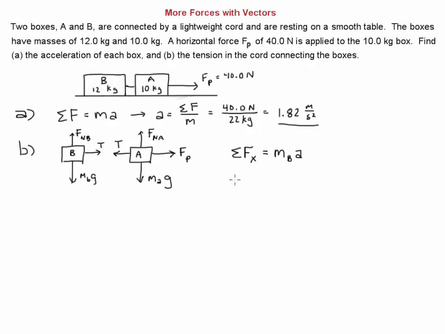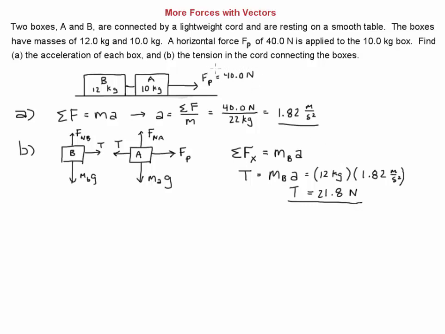I only have one force, it's pointing to the right, so I'm going to write tension equals m_B a. And since I know the mass of box B, which is 12 kilograms, and I have the acceleration, which I calculated before, 1.82 meters per second squared, I can now put that in the calculator and come up with an answer of 21.8 newtons.